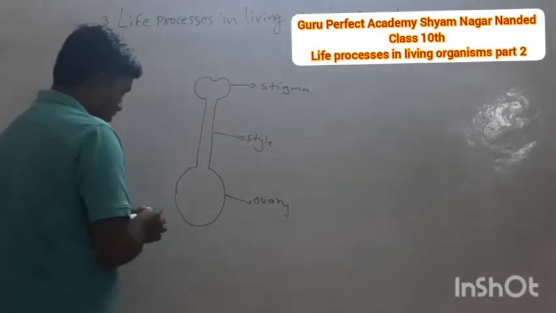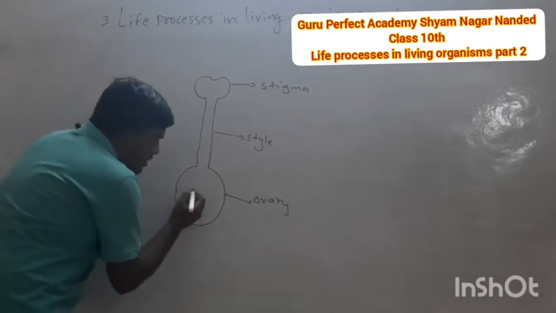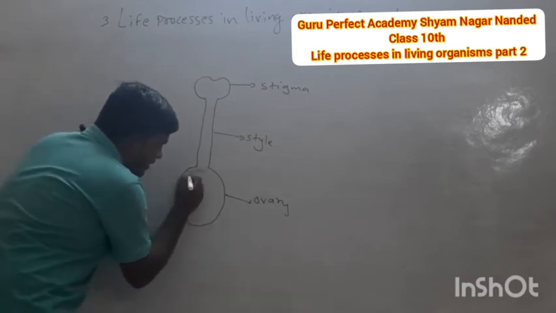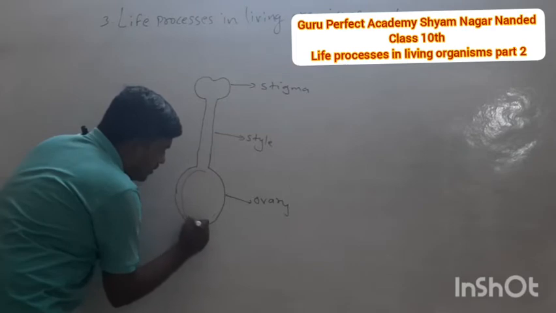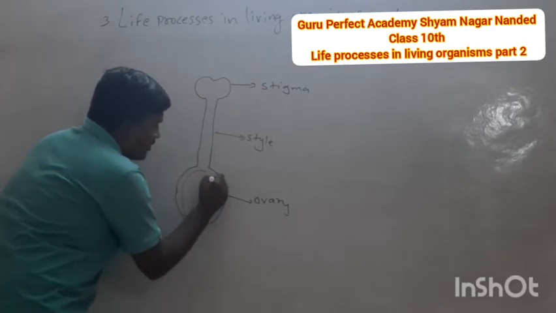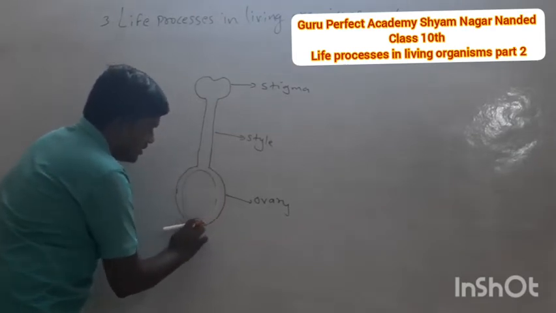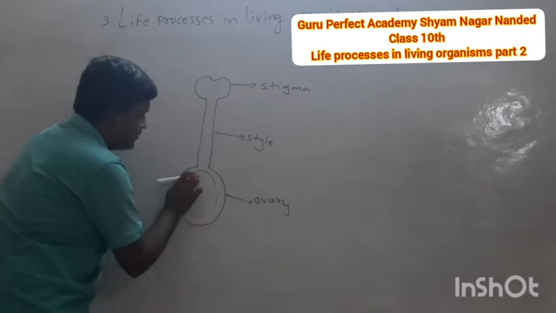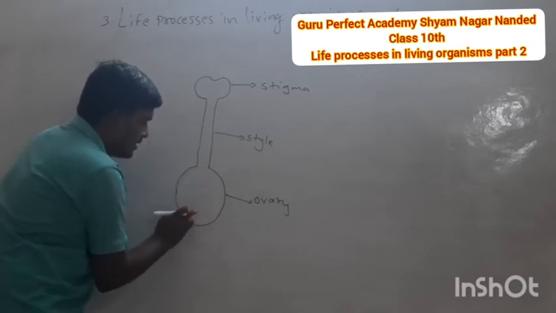What happens inside the ovary? We have the female gametophyte, and this is an integument, we can say.